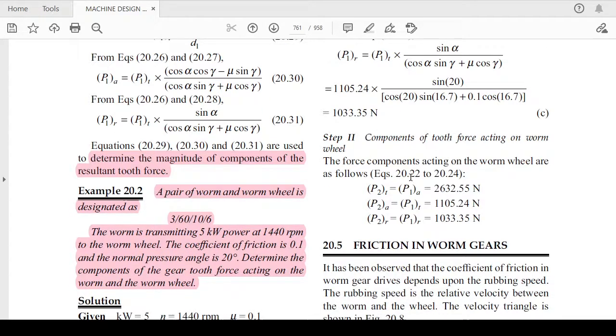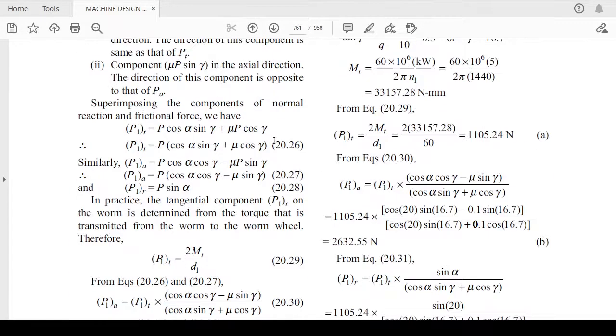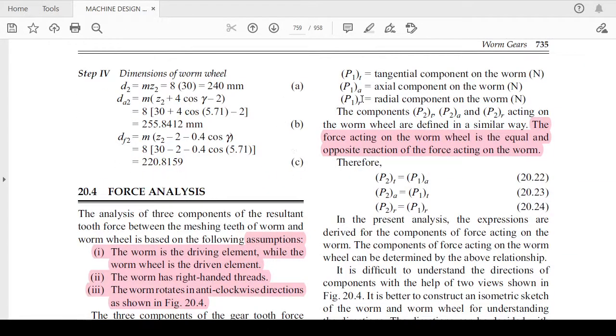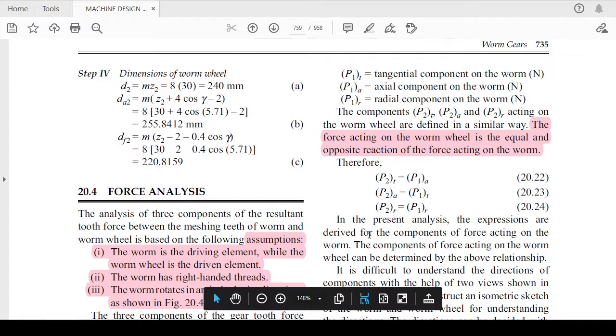These equations are already written over here. If you know the values of worm P1t, P1a and P1r, then you can use these relationships to calculate the forces acting on the worm wheel.